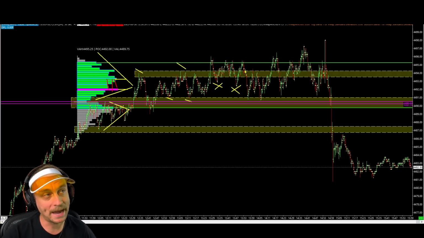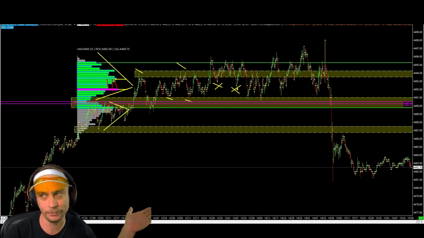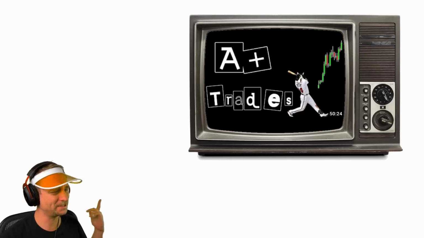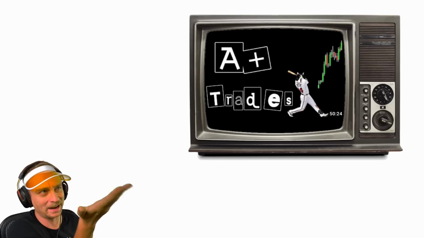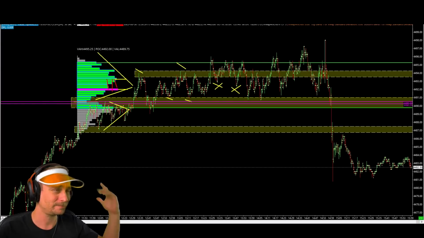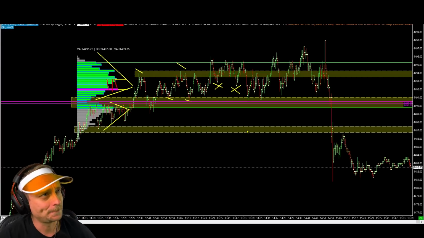I want to trade back to the middle of the range. I want to trade back to the center of the point of control. Since it mid-pivoted twice, and I just randomly picked this example, and I like how this is playing out, because in the A+ video, I literally talk about a dual mid-pivot, and I didn't realize this was about to happen. So, this is fun.